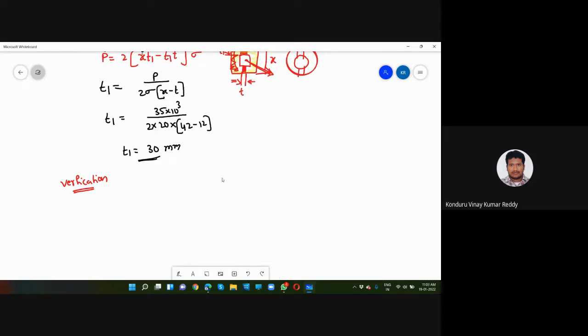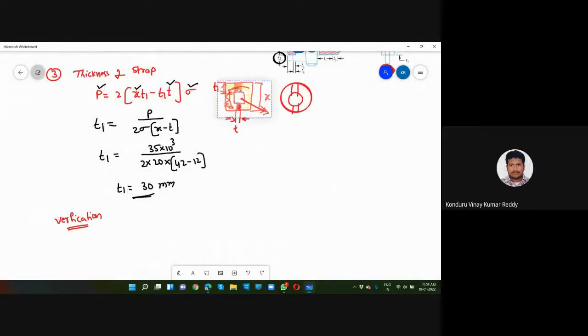In this figure you have eliminated the other component, you have eliminated the slot component. Now in this figure we are only going to consider the slot composition, that is P is equal to the area of this slot. Here the area of this slot is T1 into T for one side.